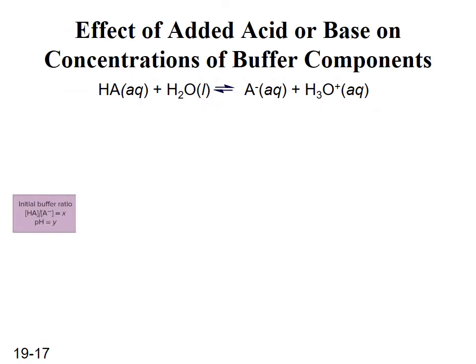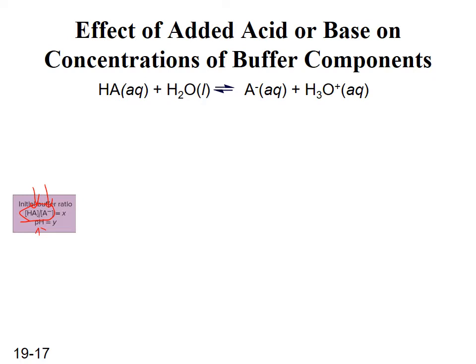Here's a summary of the sample problem 19.1. We start with a buffer solution with acid and conjugate base concentrations given, and the pH value is determined by the ratio of this acid over base. We set up the acid dissociation reaction table and find the change and the equilibrium concentrations.